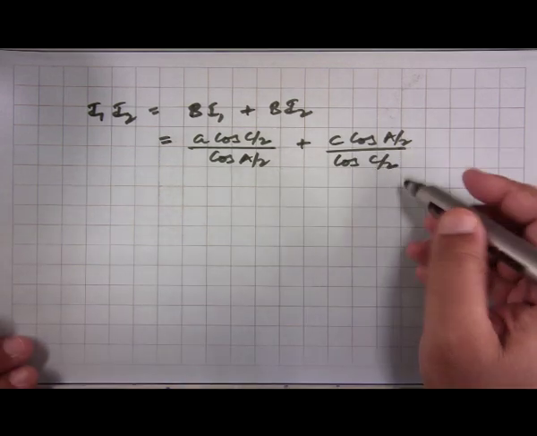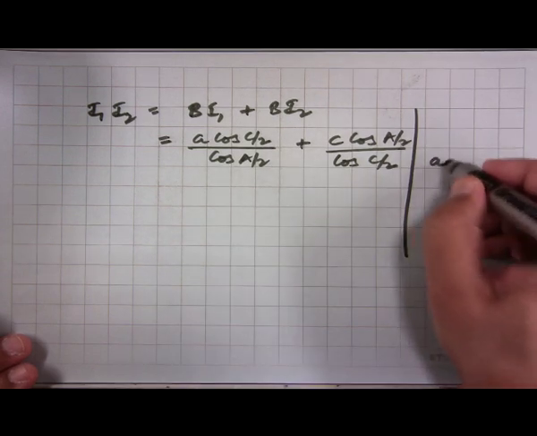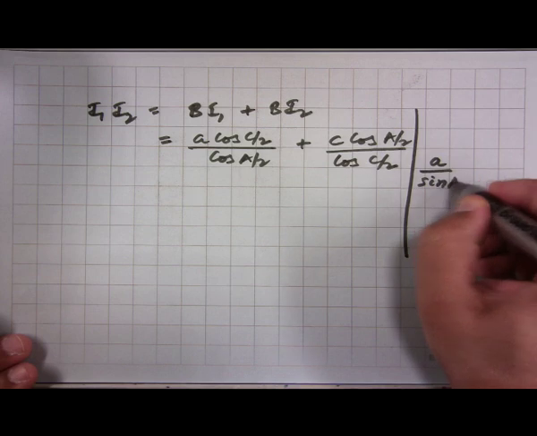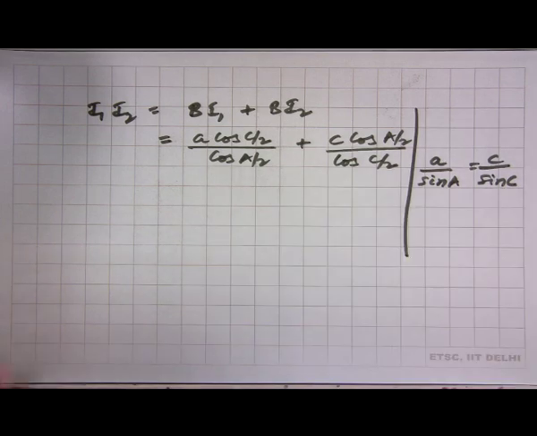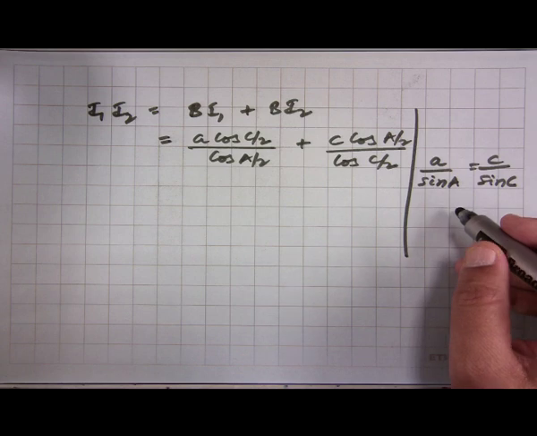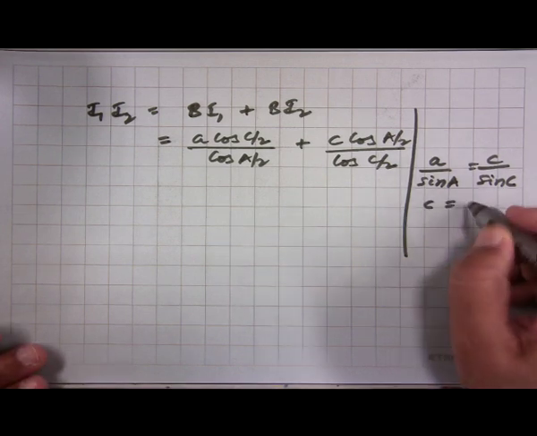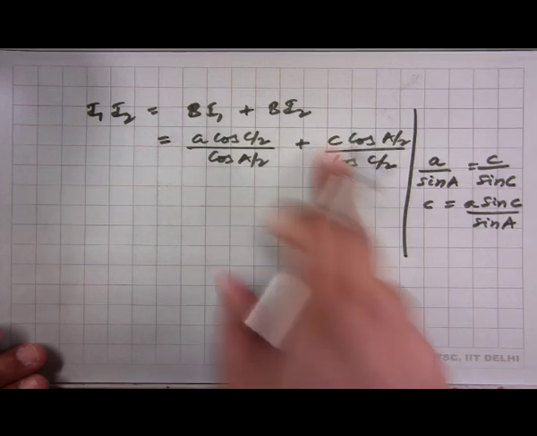Now, applying the sine law to the triangle ABC, we know that a by sin A is equal to c by sin C. So, this is already known to us, and from here it will follow that c is equal to a sin C over sin A. So, let us replace this c by this expression.